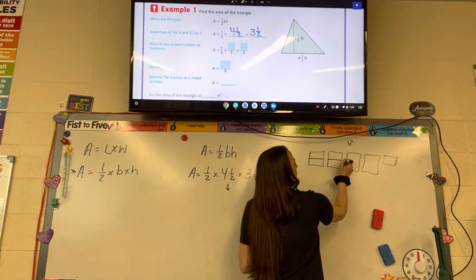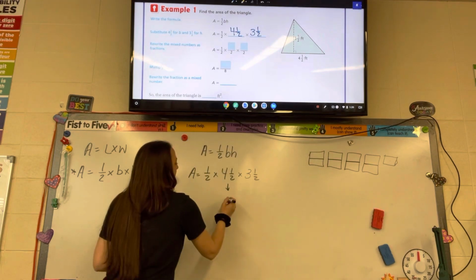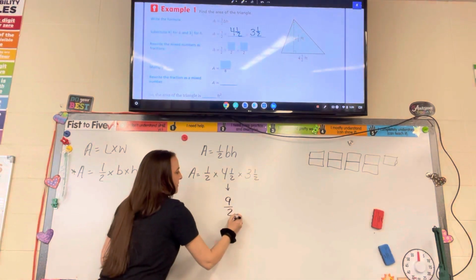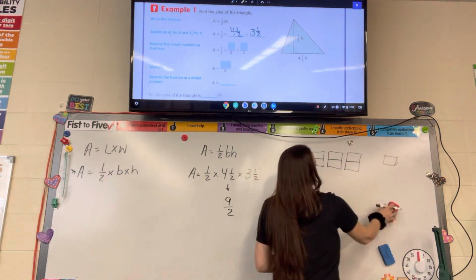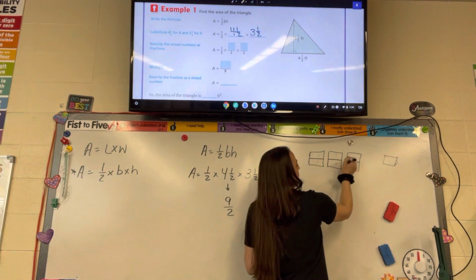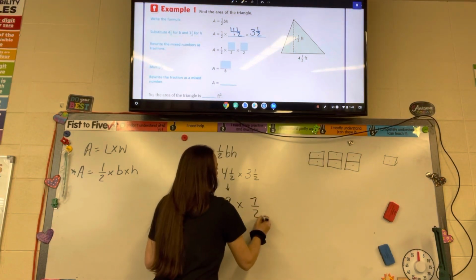There's 2, 4, 6, 8, 9. So 4.5 is the same as 9 halves, while 3.5 is the same as 7 halves, right?